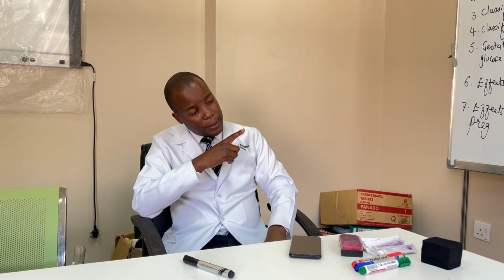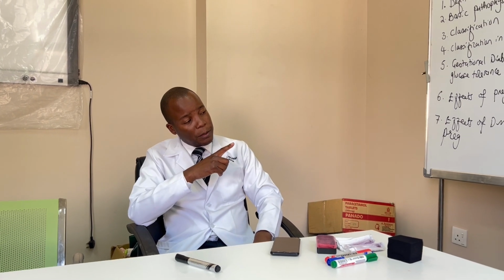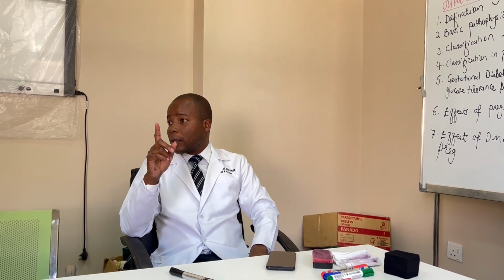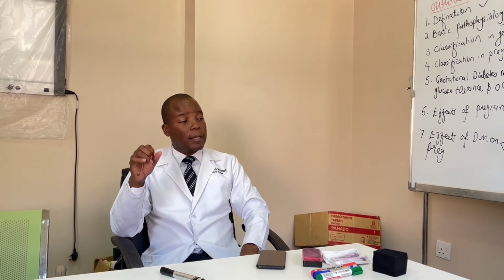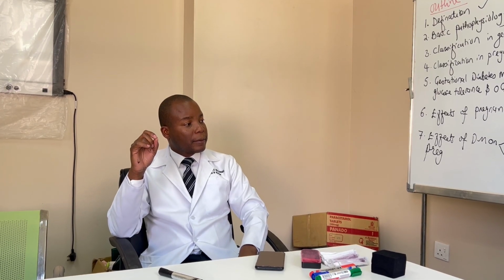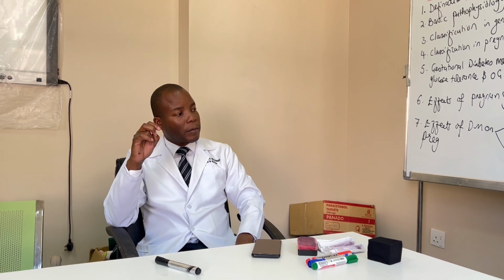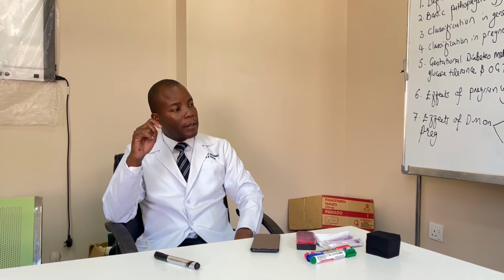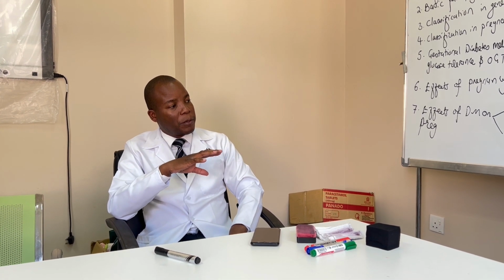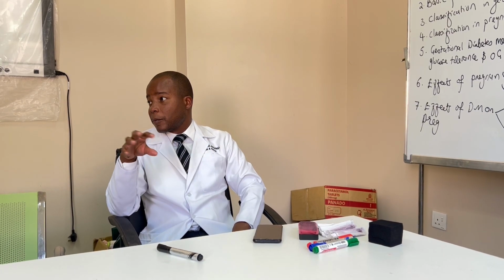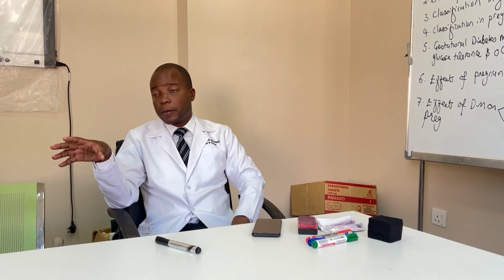Next, what happens to this baby? They are prone to neonatal jaundice. And finally, you find that these babies are prone to respiratory distress syndrome, because we just talked about it. That's all.